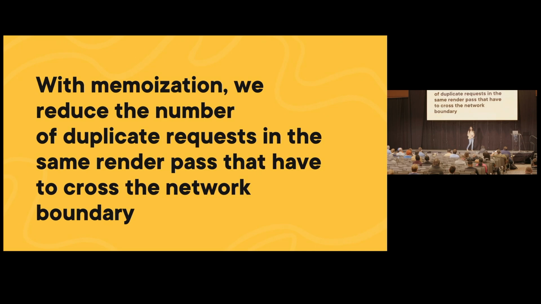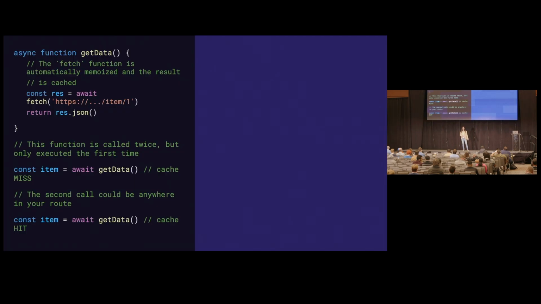With memoization, we reduce the number of duplicate requests within the same render pass that have crossed the network boundary. And in terms of code, this is what it looks like and what I mean. Let's say you have a page where you call a function called getData. The very first time, that data is not in the cache, so it will actually go fetch it.